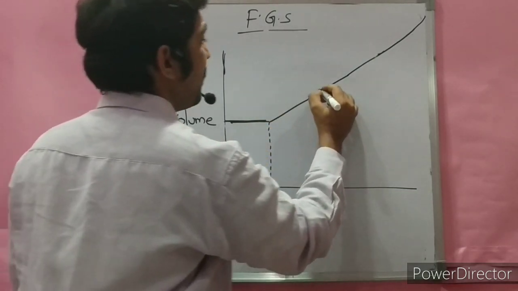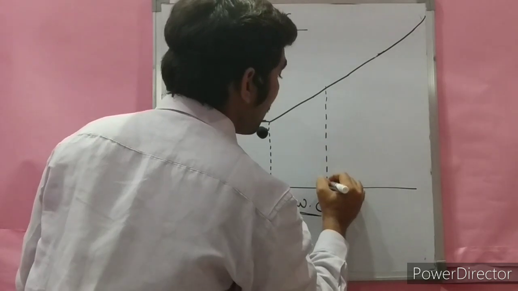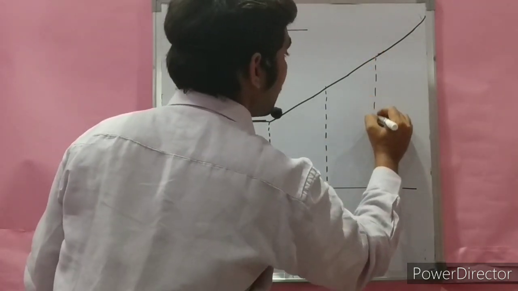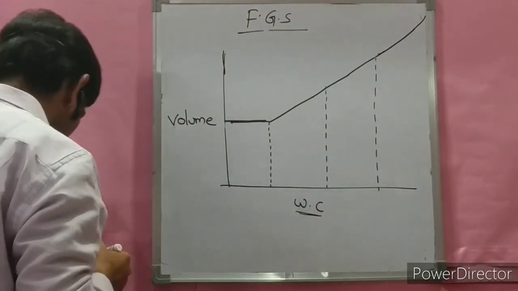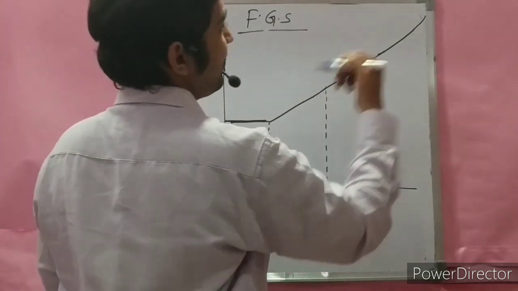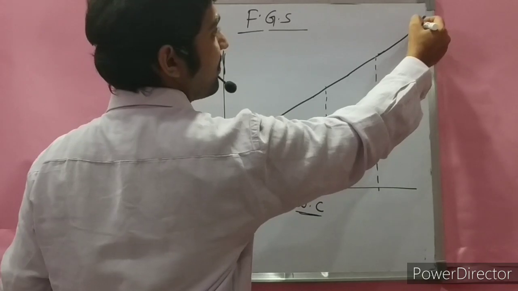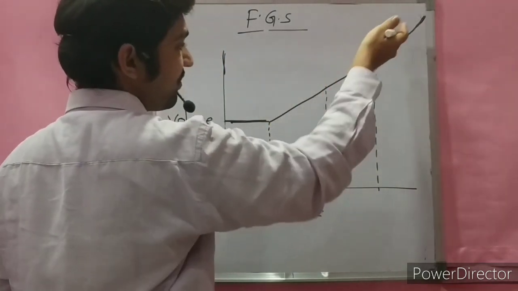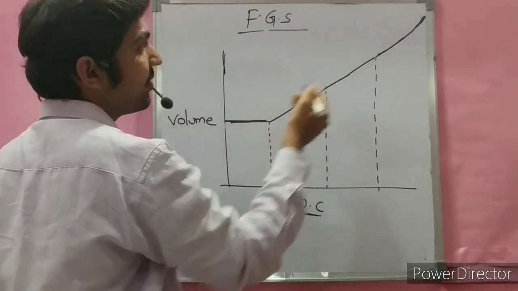Here we are classifying the boundary water contents like this. Take a soil sample, allow it to dry. Its volume keeps on reducing.